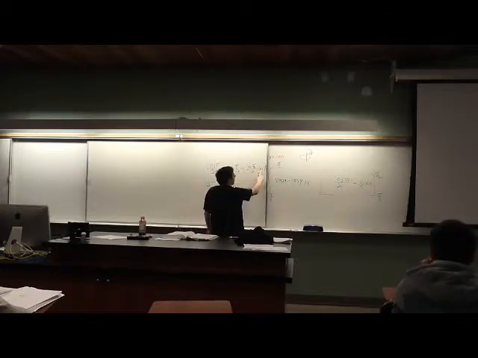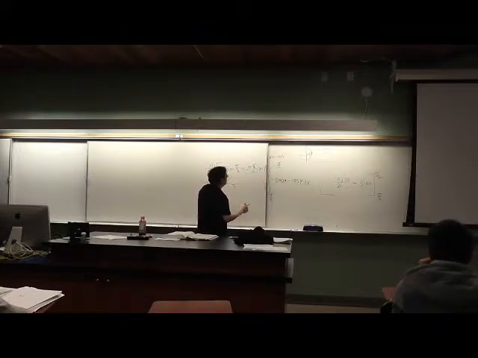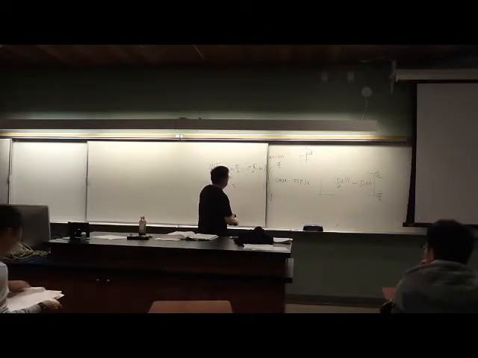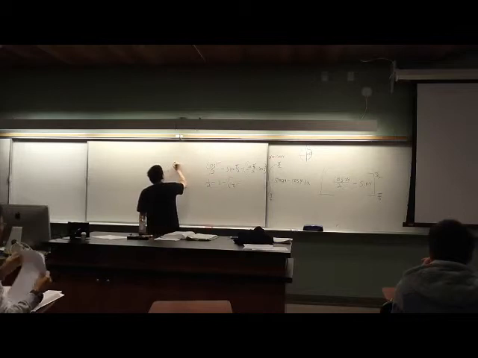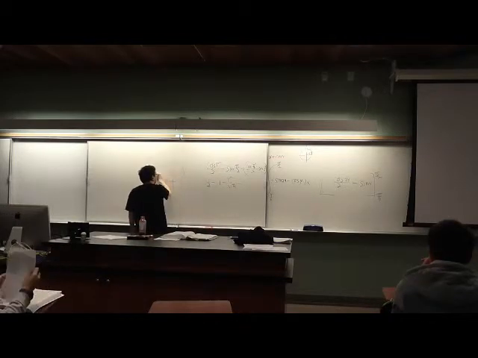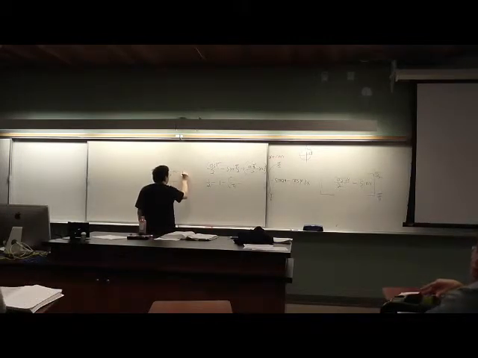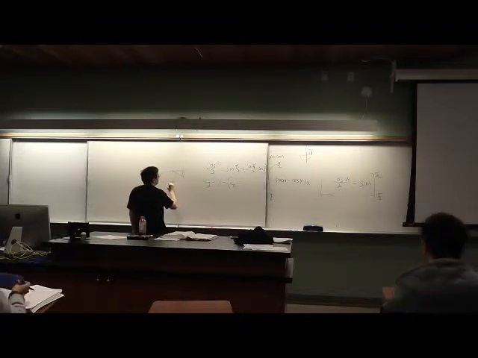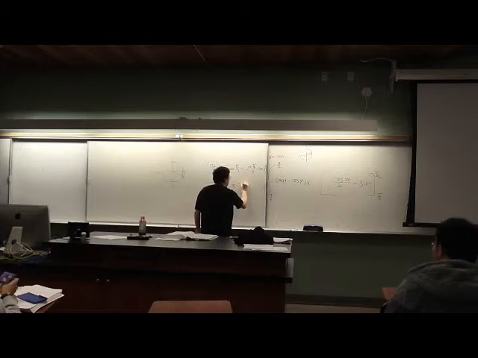Minus sine of minus pi over 6. Okay, so that's going to be, so that's one. Isn't that a half? Minus a half? Let me draw my little circles here. Minus pi over 6, so yes, it's going to be minus a half.